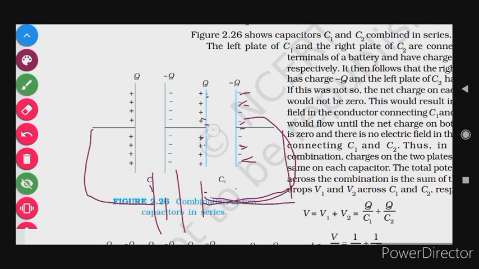So these electrons will move because of repulsion to here, and there will be negative charge. Because minus Q charge has moved here, there will be plus Q charge on the other plate. Now there is minus Q charge here, and again because of repulsion the electrons will move on to this terminal of the battery, and there will be plus Q charge because minus Q charge is left. This is how the plates have these charges.